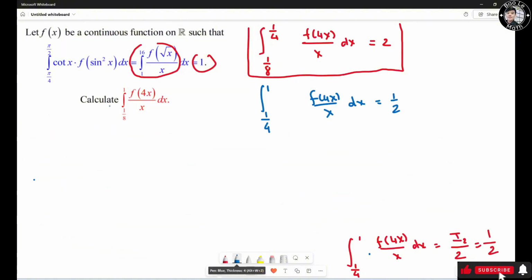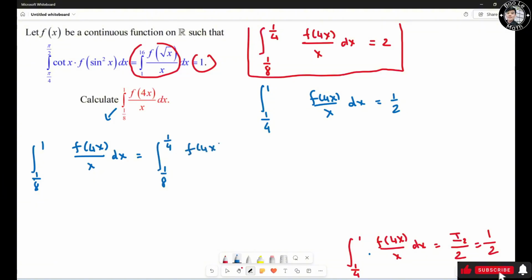Finally, I'm going to start from here. The integral from 1/8 to 1 of f of 4s over s ds is the integral from 1/8 to 1/4 of f of 4s over s ds plus the integral from 1/4 to 1 of f of 4s over s ds.